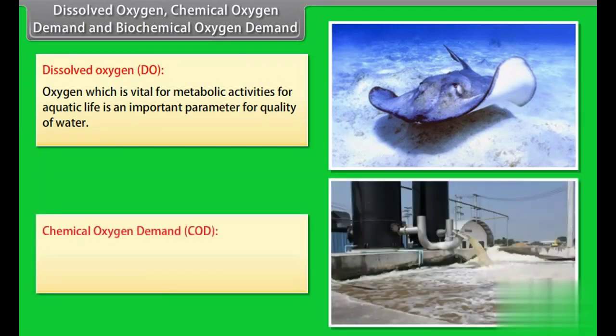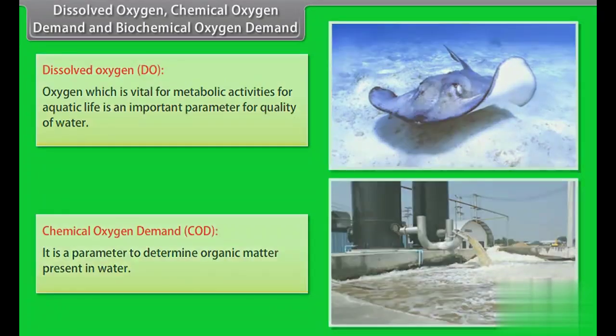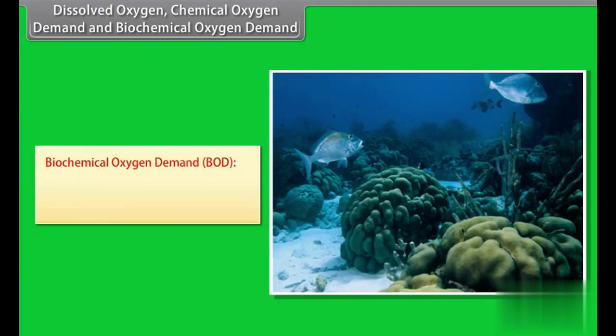Chemical oxygen demand: it is a parameter to determine organic matter present in water. Biochemical oxygen demand: it is also a parameter to determine the quality of water. It is measured by the quantity of oxygen utilized by suitable aquatic microorganisms during a 5-day period.